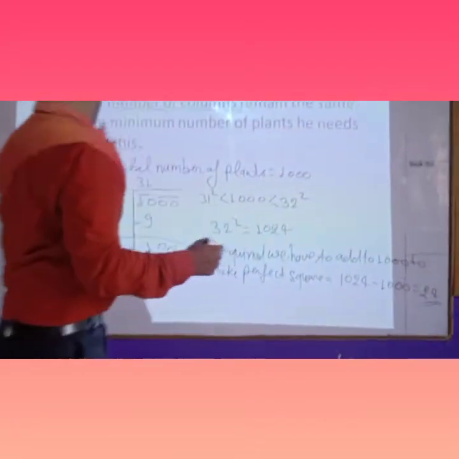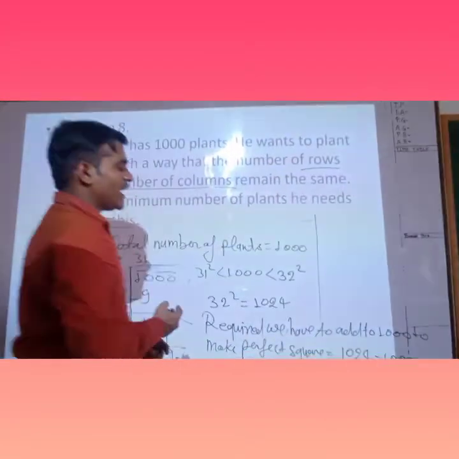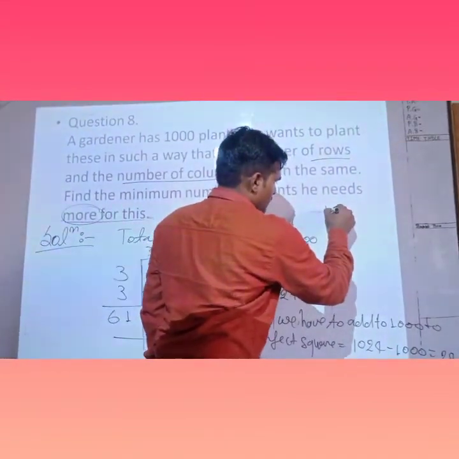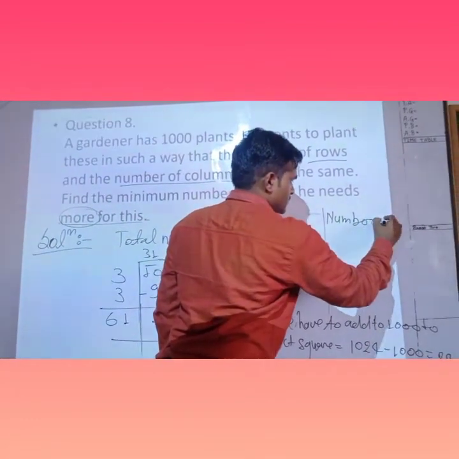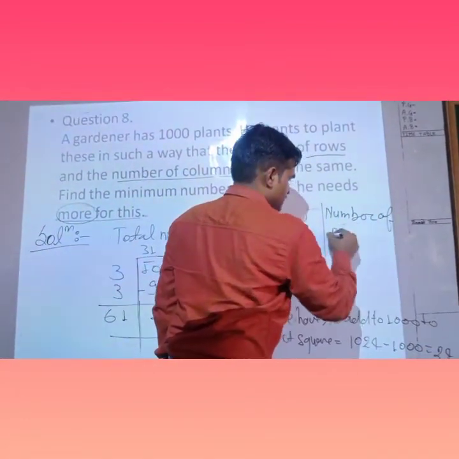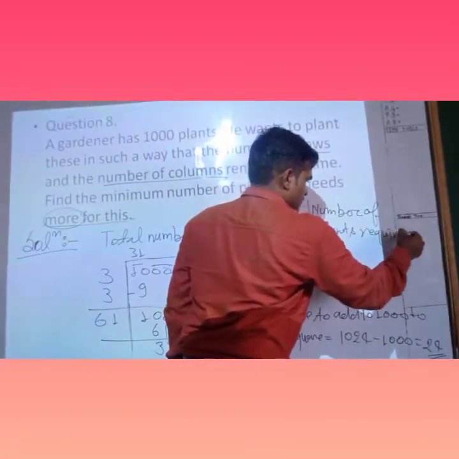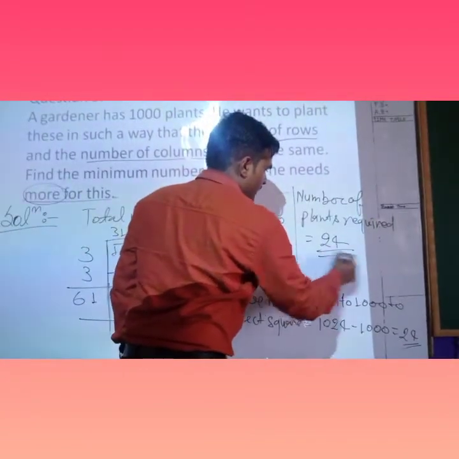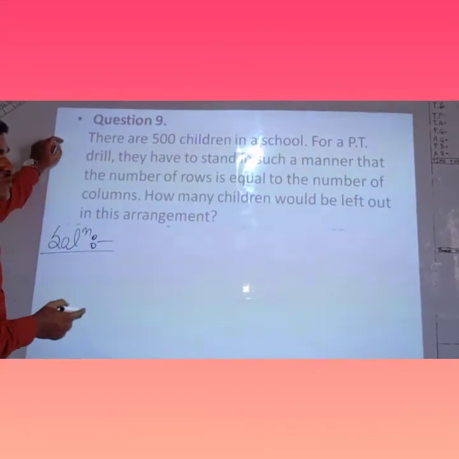So children, here we are asked to find the minimum number of plants required more. So the number of plants required is equal to 24 plants.